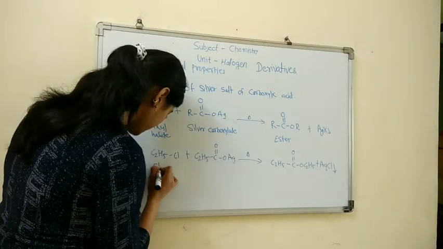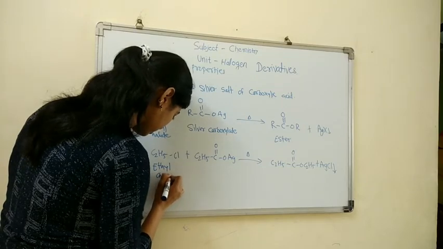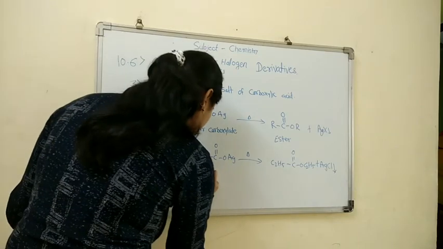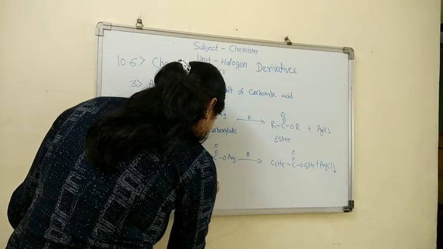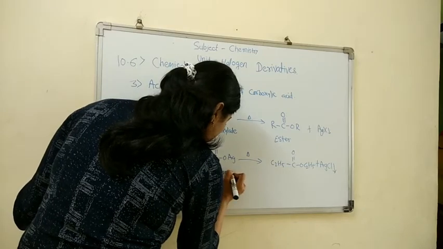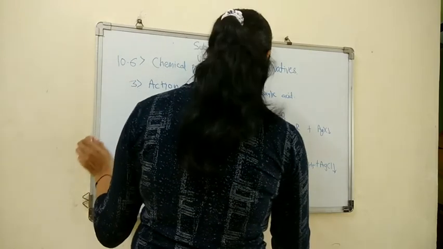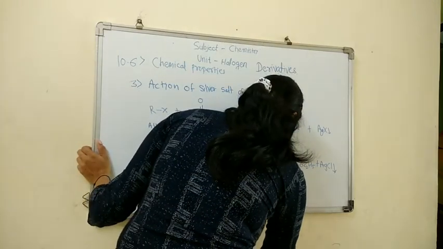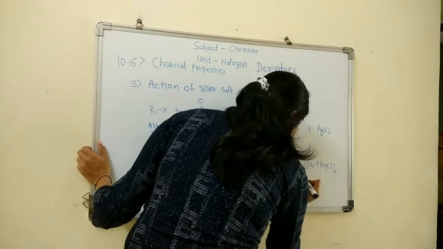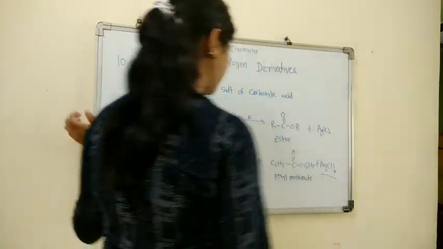When ethyl chloride is heated with silver propionate, the product, that is ethyl propionate, is obtained plus AgCl as a precipitate.